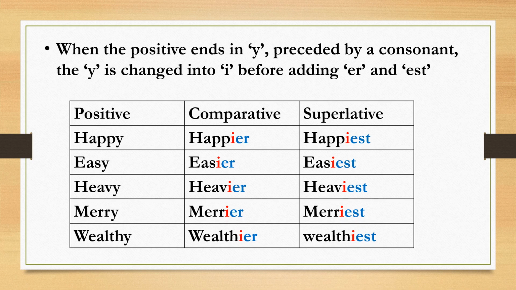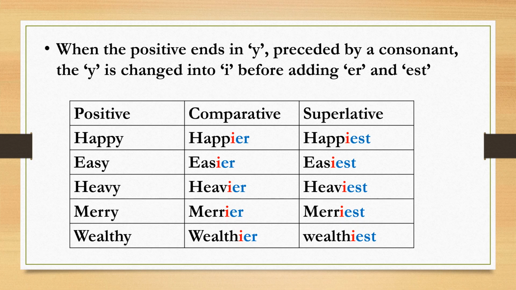Look at the table. The first word in the positive degree is happy. This word ends with the letter y, and before y we can see the letter p, which is a consonant. Consonants are all other letters of the alphabet except the vowels, which are a, e, i, o, u.